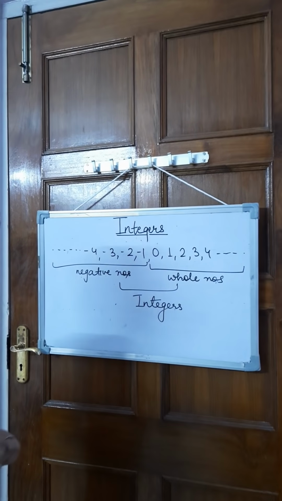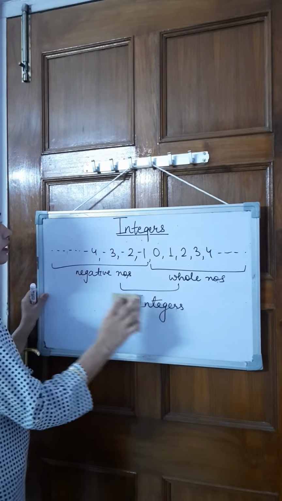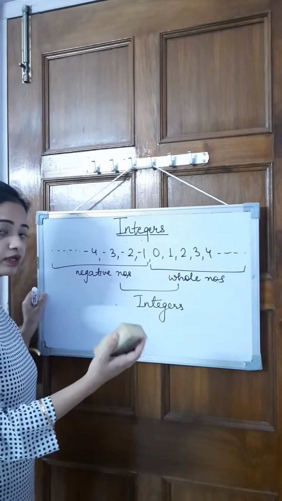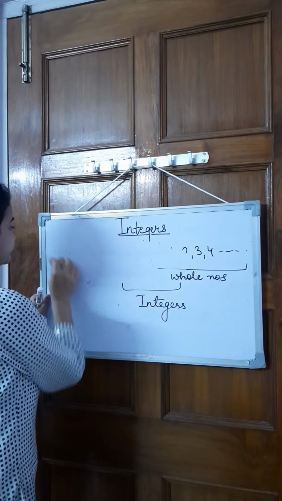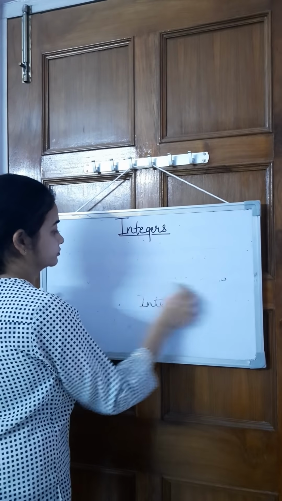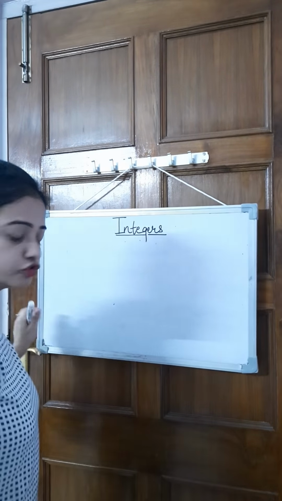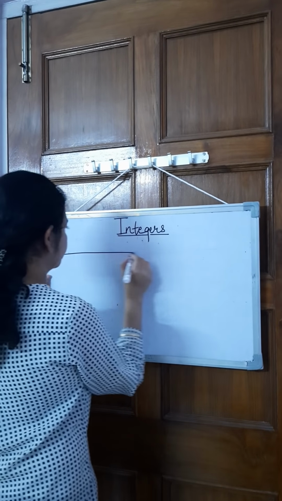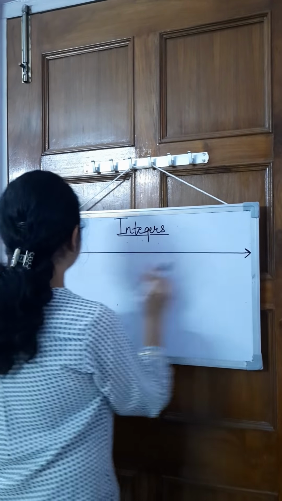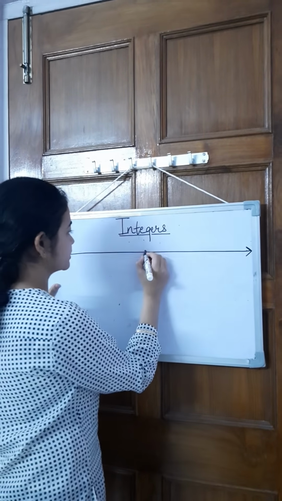Yes. So let's represent these whole numbers, these integers, on a number line. Then we'll be able to study this properly. So let's draw a number line as we draw for whole numbers. These two arrows show that I can increase it as much as I want.